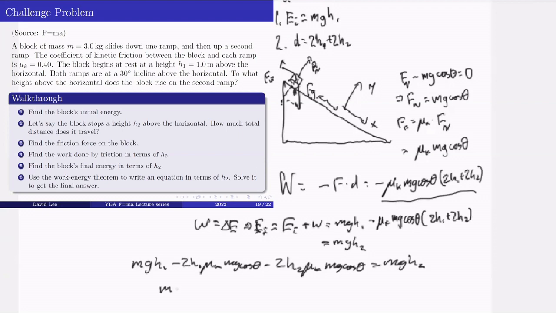Move all of the h2s to one side. 2h1 mu k g cosine theta.